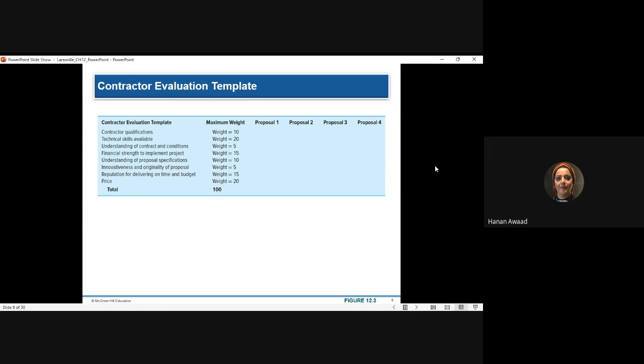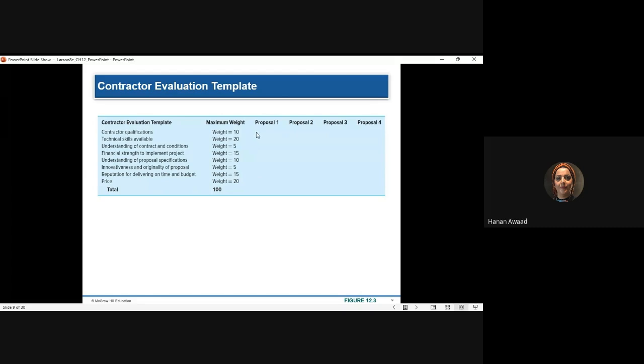For example, here they give weight 5 to innovativeness and originality of proposal. But for the price, it's giving 20, because the price for me is much more important than innovative approach. So when I start giving scores, I'll give scores for proposal 1.